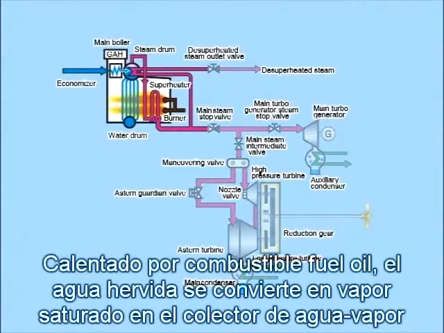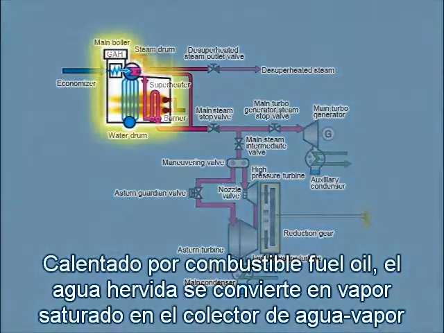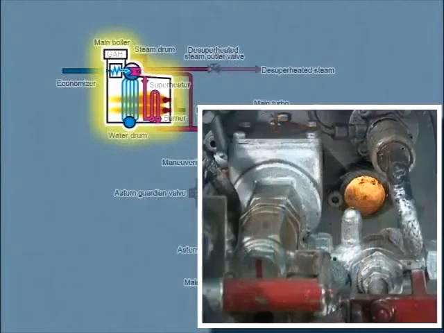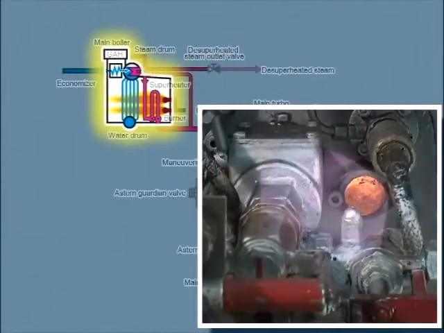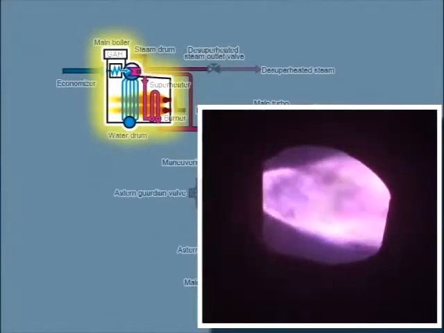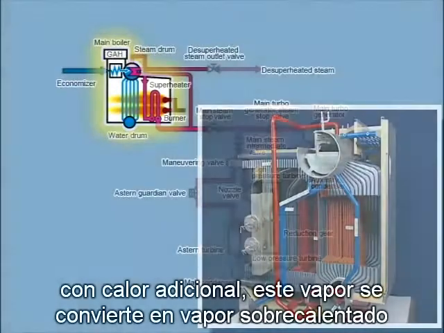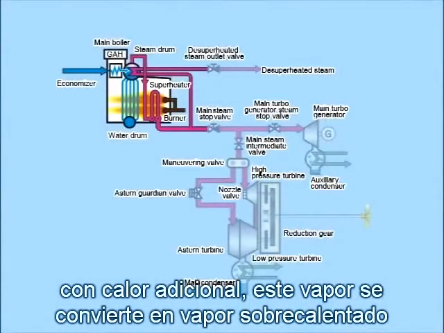Heated by fuel oil combustion gas, boiler water becomes saturated steam in the steam drum. With additional heating, this steam becomes superheated steam.